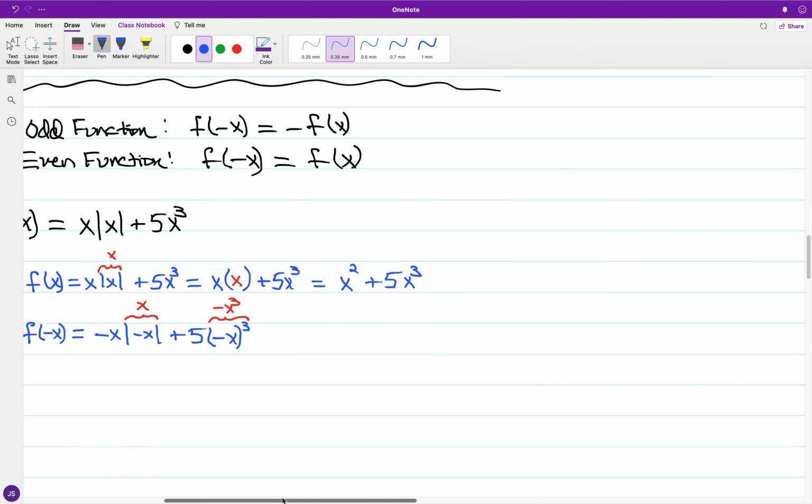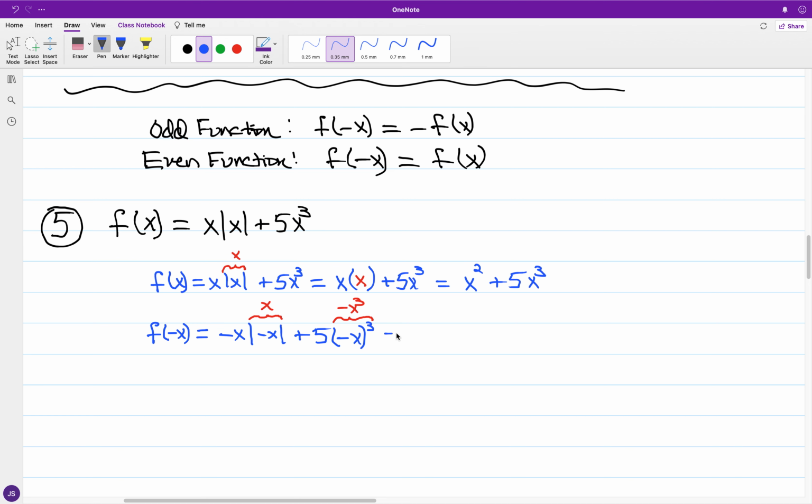So here we're going to have x for the absolute value, so you got negative x times x, and we got plus 5 times negative x cubed.